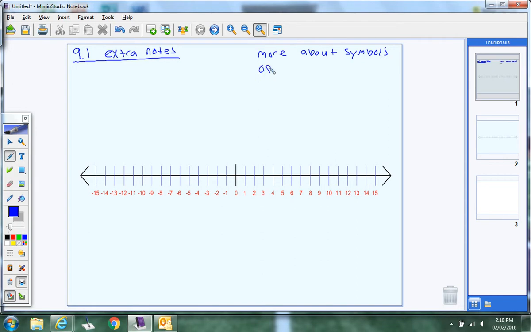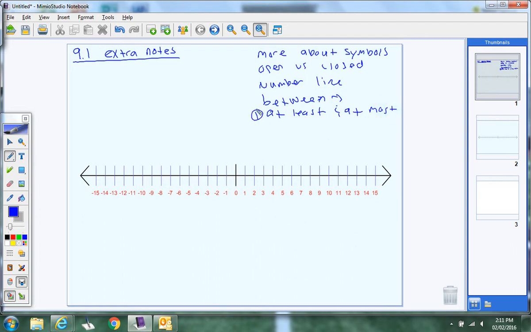Also, open and closed, the number line, and then the between problems. So I'm going to try to go ahead and hit all 4 of these main topics. Oh, and then, sorry, also at least and at most. Okay, and we'll talk about that last.